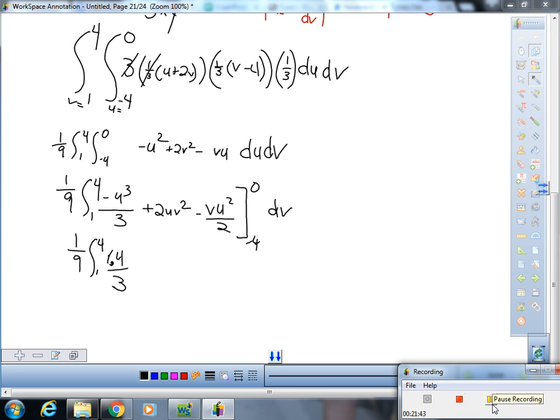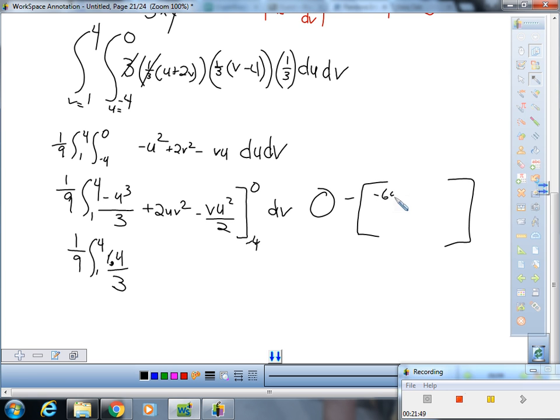Yeah. Okay, remember what we're doing here. We're basically doing 0. When we put in a 0 for u, you get 0 for all those terms. And then you're getting minus this huge thing. When you put in a negative 4, you get a negative 64 over 3.